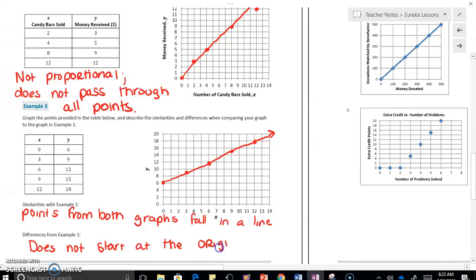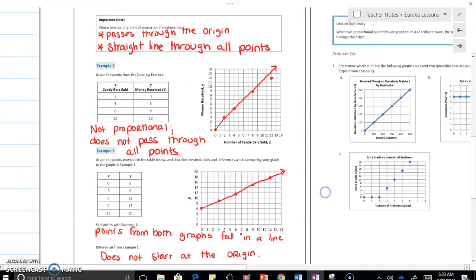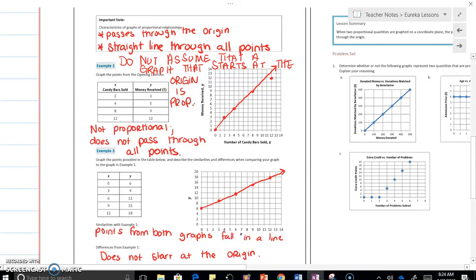The conclusion I can draw from this is that you can't assume, like I said earlier, that all points, we're going to write that in bold letters. Do not assume that a graph that starts at the origin is proportional.